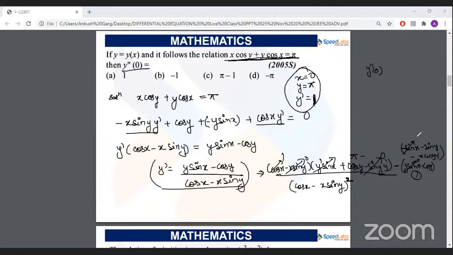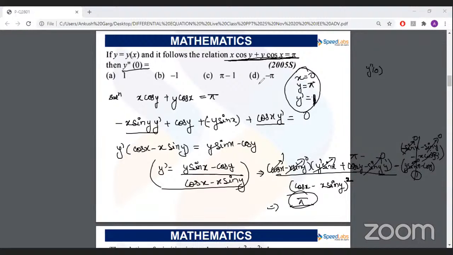Sin x, sin 0 is 0, sin y is 0, x is 0. So this term is all 0 multiplied by 1, that will be 0. And here you are getting pi into 1, that is pi only. And in the division you have cos 0, that is 1 squared. So it is simply pi upon 1. Okay, none of the options are matching.